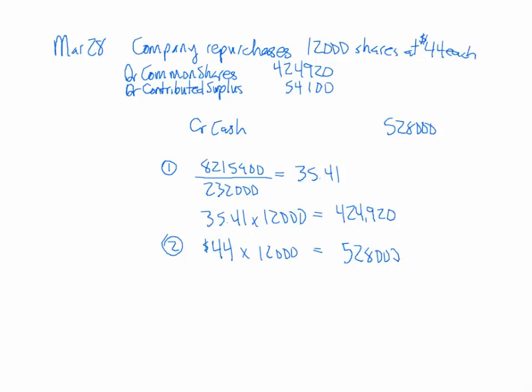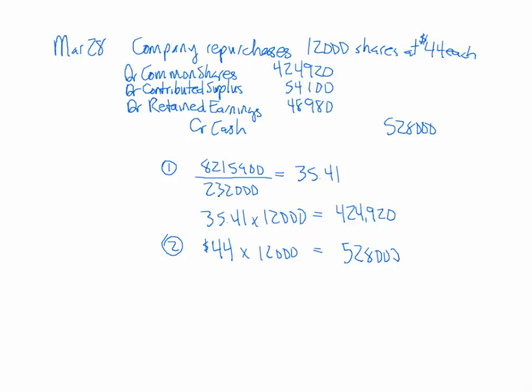So if we look at the difference here, we have a difference of $103,080. So subtract the 54,100. Okay, we still have a shortfall. Where is the shortfall going to come out of? Retained earnings. And that is the 48,980. And you should see now that the entry balances.